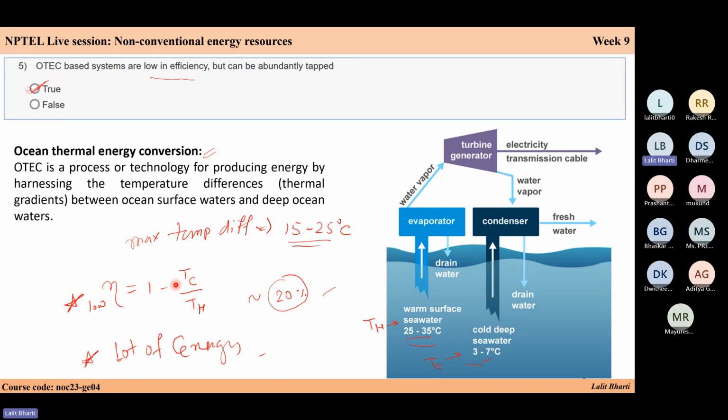It is already given in Kelvin. The surface temperature is 373 Kelvin, and the other temperature is 298 Kelvin, the colder water.